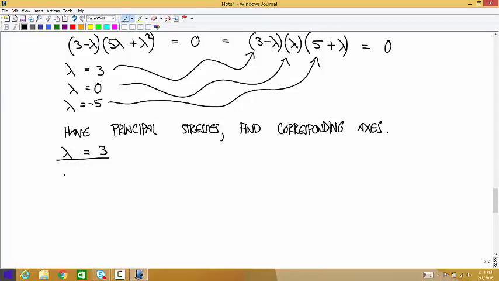The way we're going to do this is we're going to plug each of those lambda values into, so let me write this out. So we got 3 minus lambda, 0, 0, 0, negative 5 minus lambda, 0, and then 0, 0, 0 minus lambda.